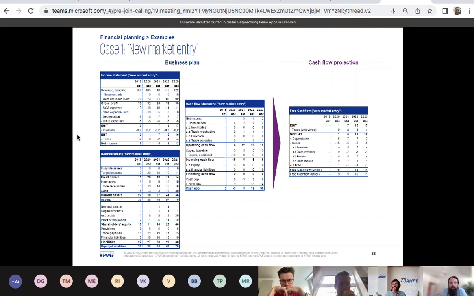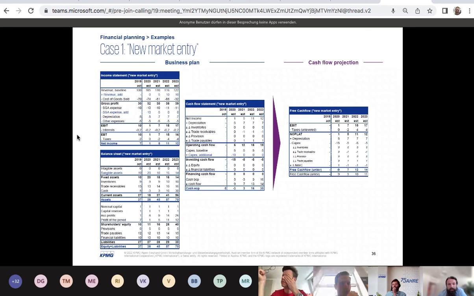So you really have to think about all the different aspects of this scenario. And then again, you can go line by line and you see that your tangible assets will have to increase because you have to make this additional capex, or capital expenditure or investment, in year one, for example.